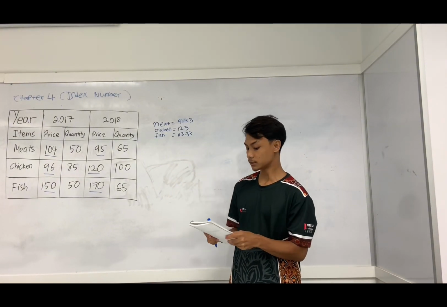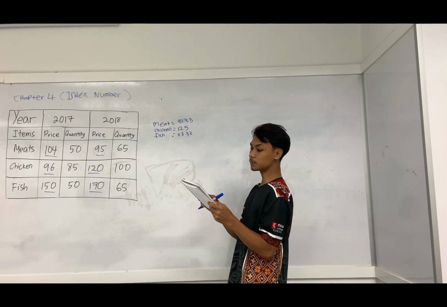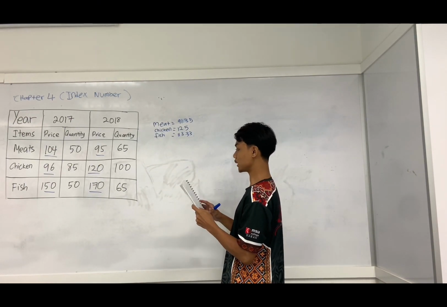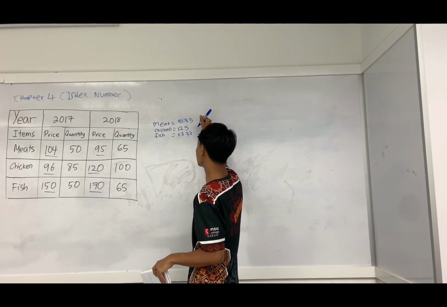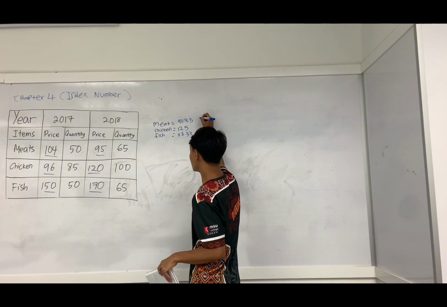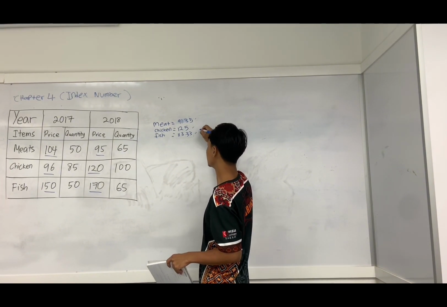Okay, now is simple average price index. For simple average price index, we need to add all the answers from simple index. This is the answer for meat from simple index, chicken and fish.